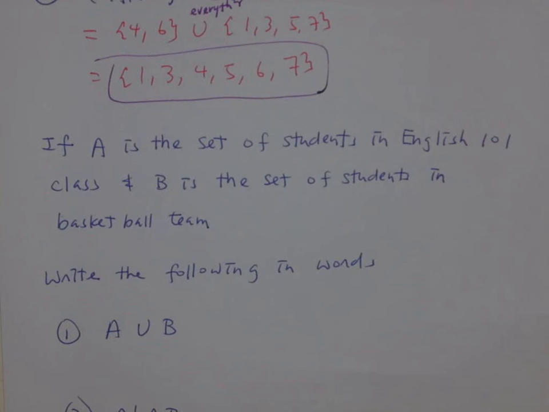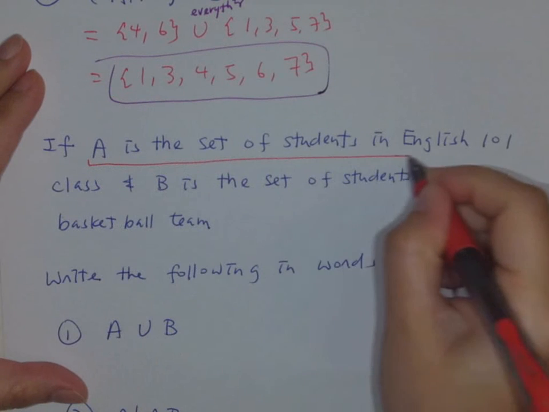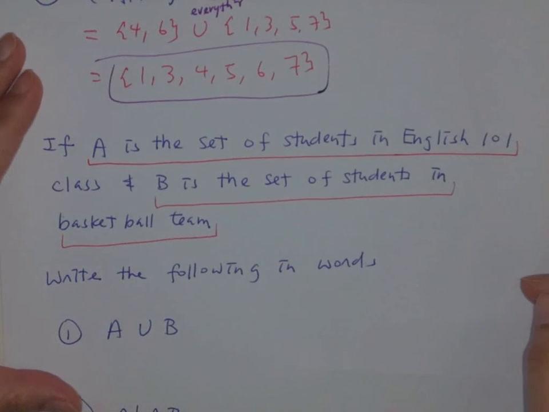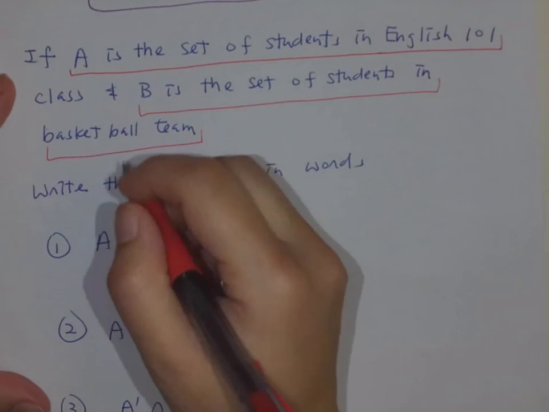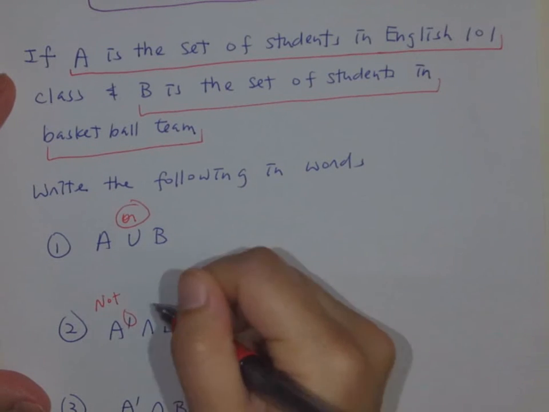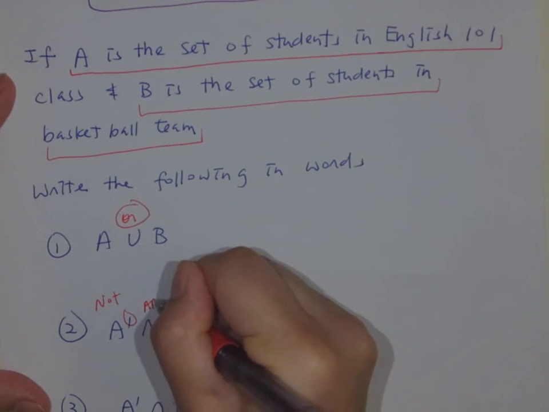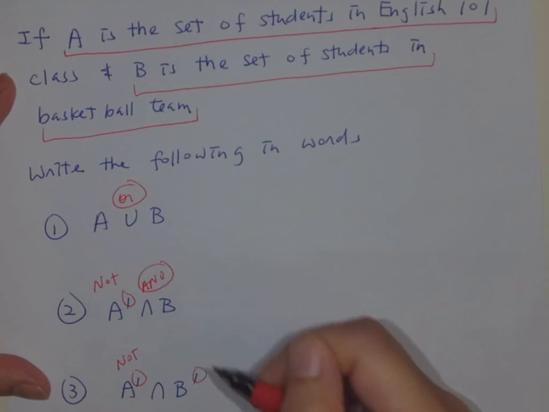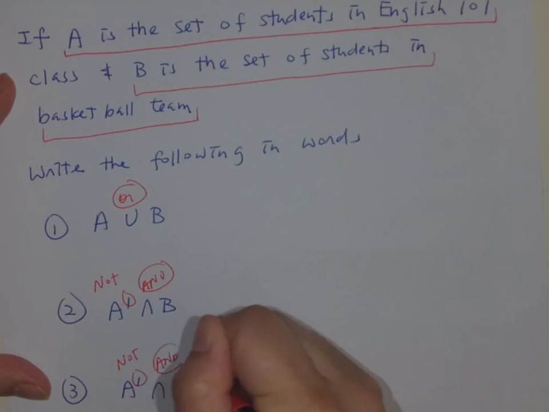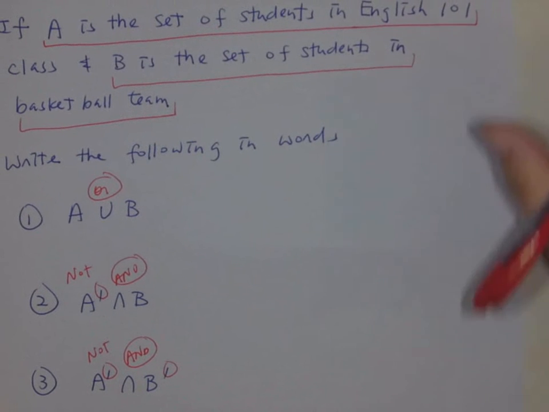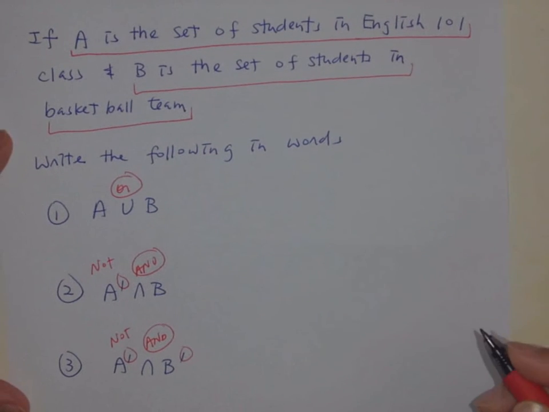It says if A is the set of students in English 101, so that's for set A, and B is the set of students in the basketball team, so I need A union B, so A or B, and then this says not A, and then this is intersect, so it's N, B, again not A, not B, and this is N. So we use those keywords, okay? So you may want to practice them a little bit when you get a chance. So write them in words.